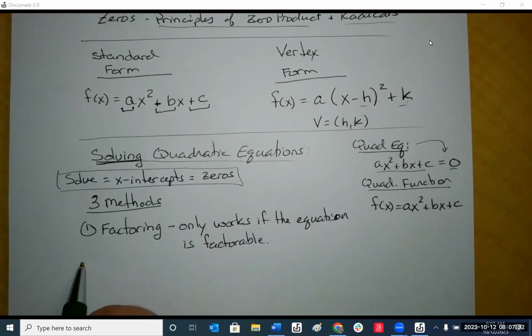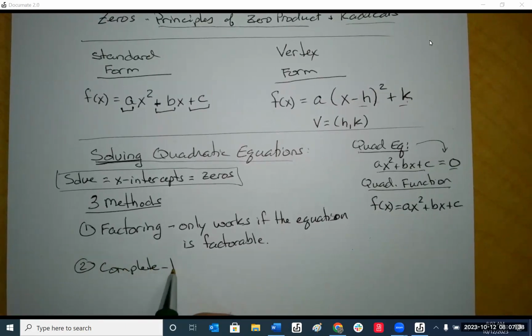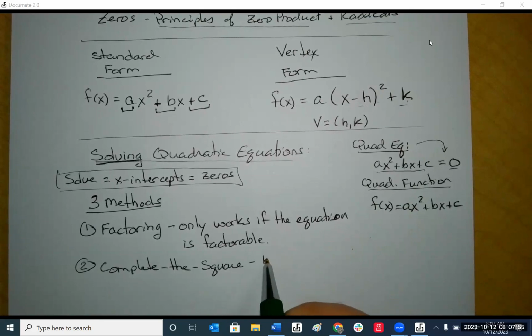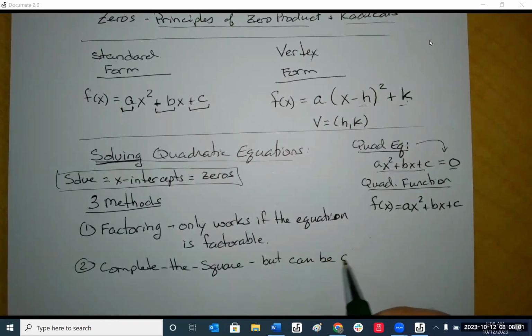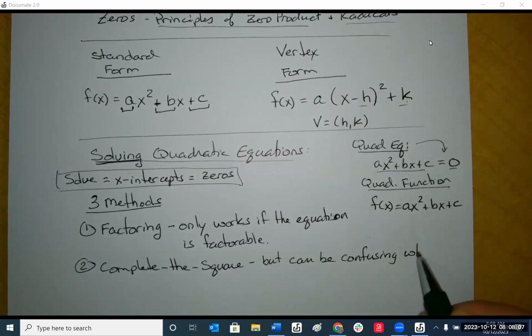The second method is called complete the square. This method always works, but can be confusing when you're dealing with fractions.